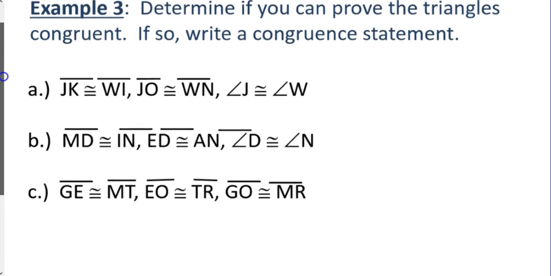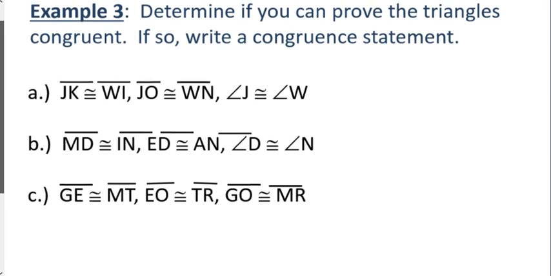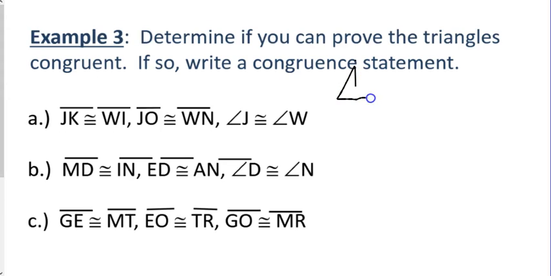Example 3. Let's see what we got. Always a good idea to draw two triangles. And let's see what we have. JK is congruent to WI.